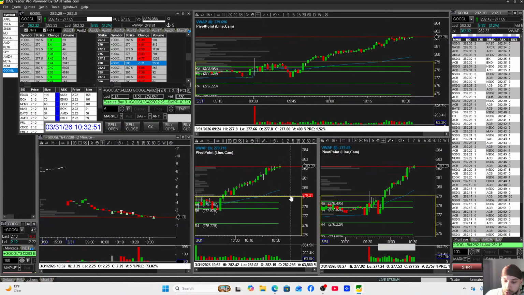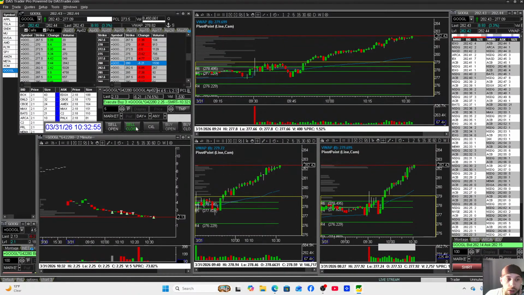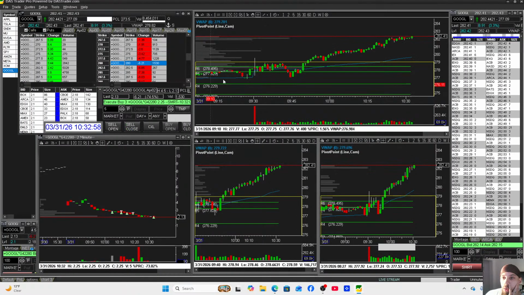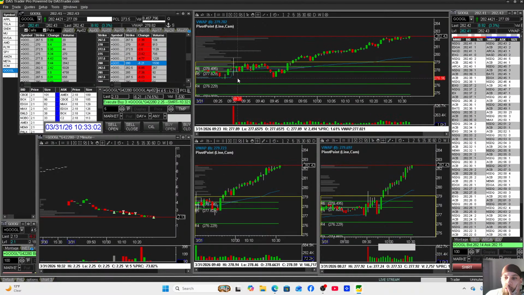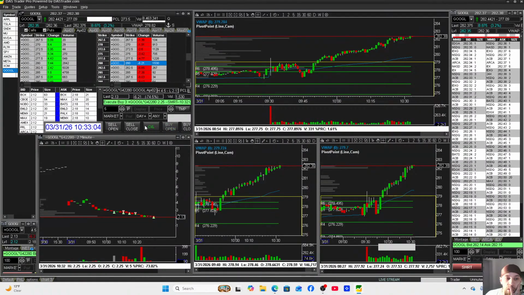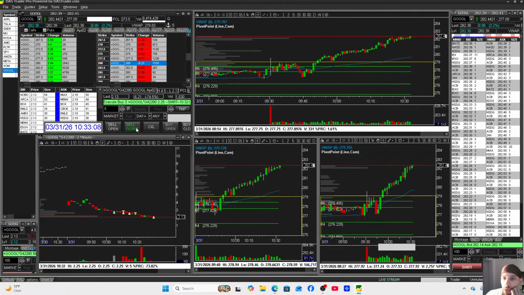The volume is very interesting here. You can see on the 3-minute. Squeezing up though. Buyers just keep buying this thing up.